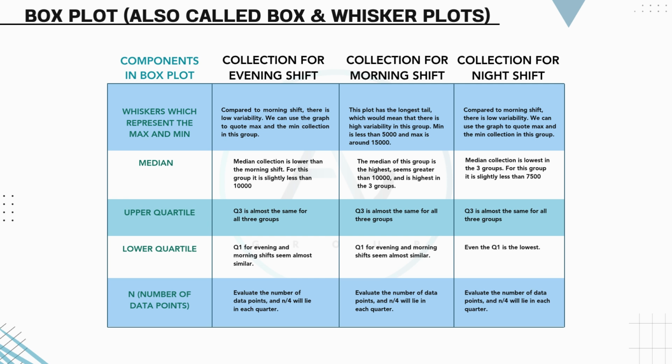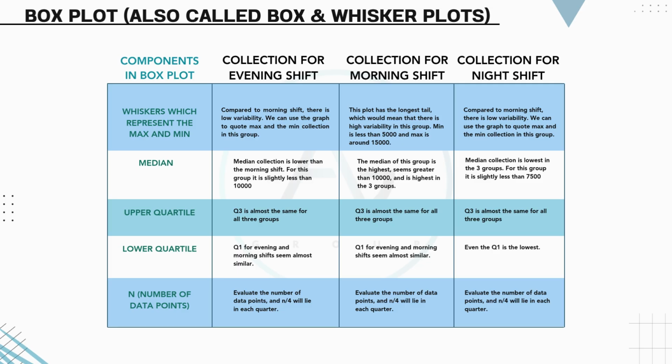Morning shift shows more variability and higher performance, while the night shift lags behind. Evening lies somewhere in between, but with more consistency. This kind of comparative box plot analysis is ideal for performance monitoring, process stability checks, and identifying opportunities for shift-based optimization.